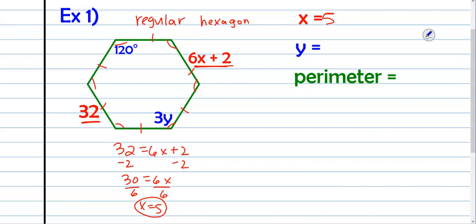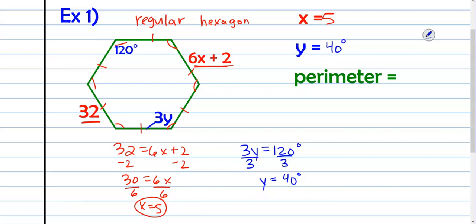And y is part of an angle, and we know that the angles are congruent to each other. So we can set up a separate equation that says that 3y is equal to 120. Divide by 3, and y is equal to 40, or 40 degrees. We kind of do need the degree sign, so I'm going to go with 40 degrees. We didn't have a degree sign in the original problem.